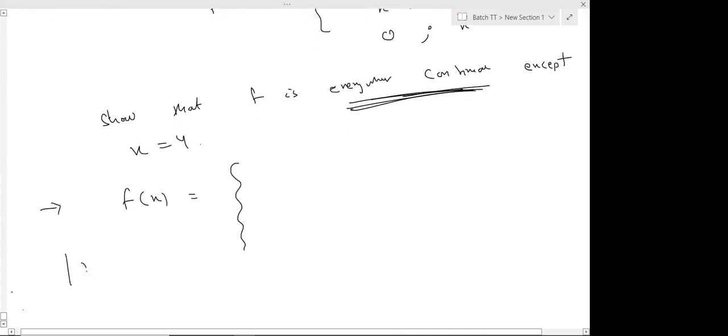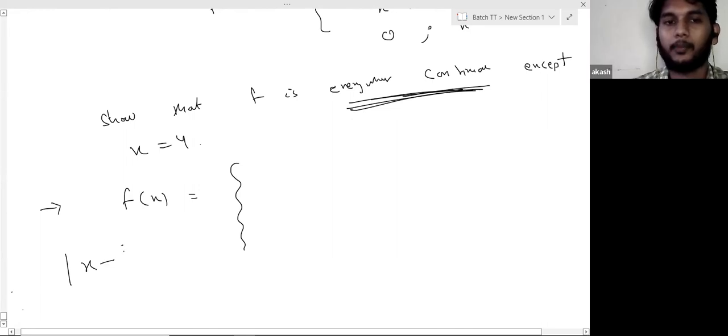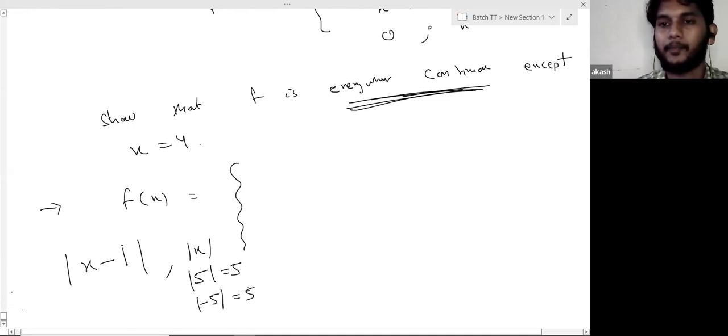The modulus function is a purifier, an RO purifier. It removes every impurity. If I write mod x, if you put 5 in the modulus function, the answer is 5. If you put -5, the answer is 5. It's the absolute value. It removes the sign.